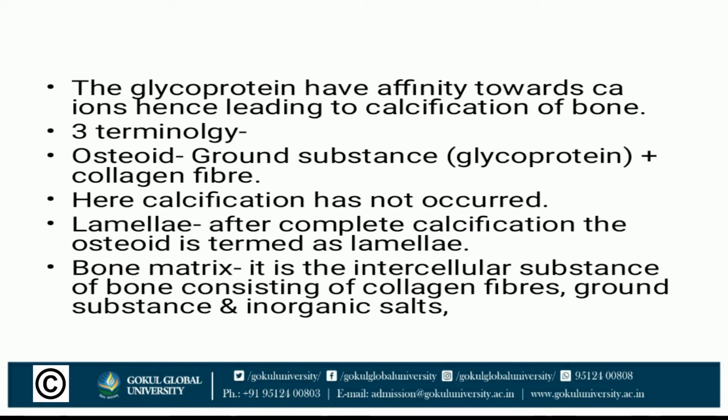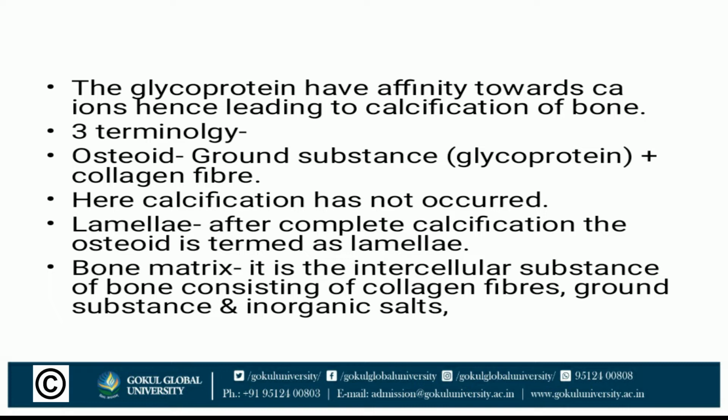Now the glycoprotein has affinity towards calcium ions, hence leading to calcification of bone. Three terminologies you have to remember: osteoid, ground substance, glycoprotein plus collagen fiber. Here calcification has not occurred, you have to remember this.